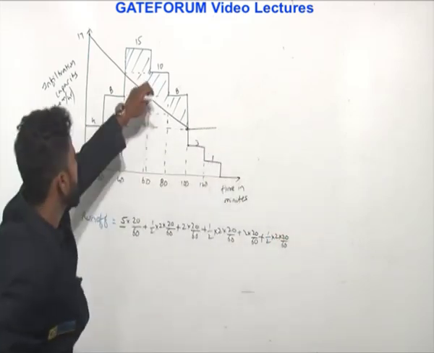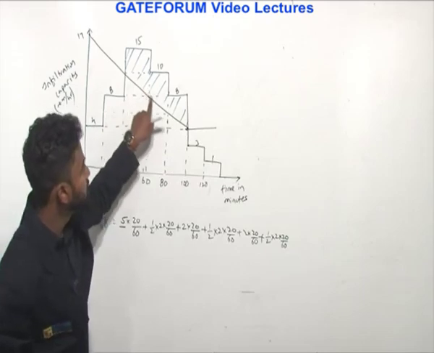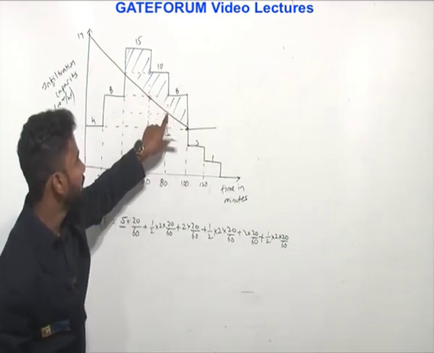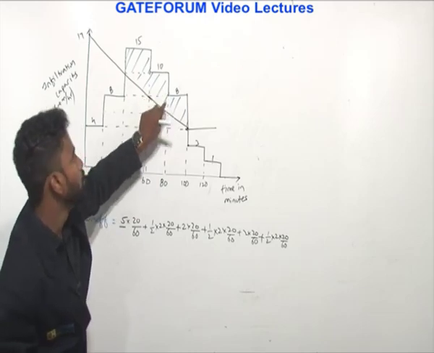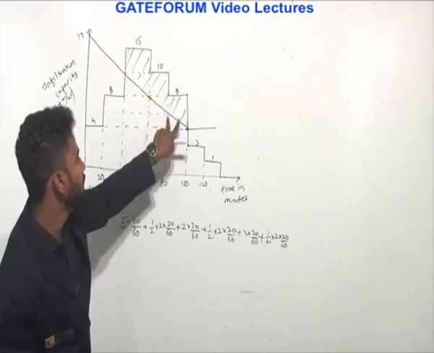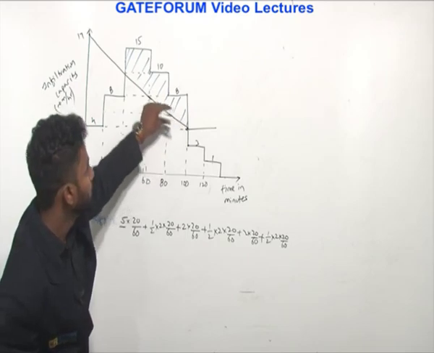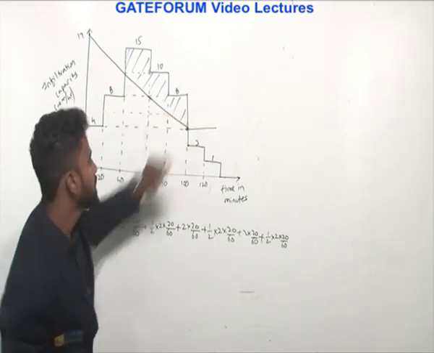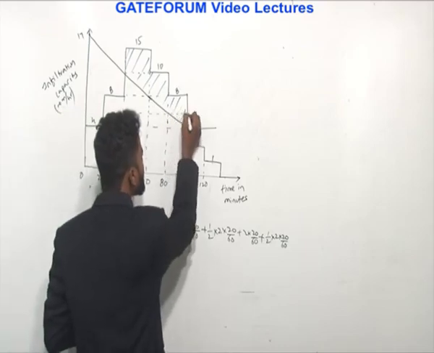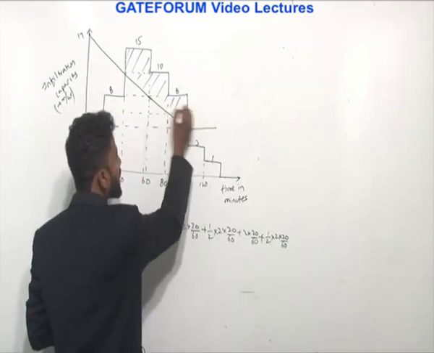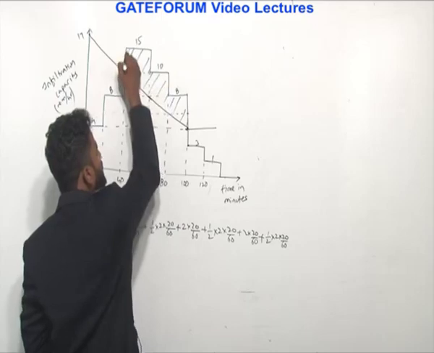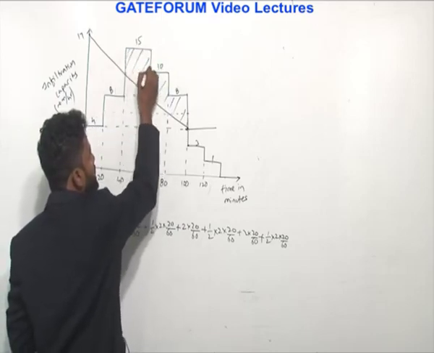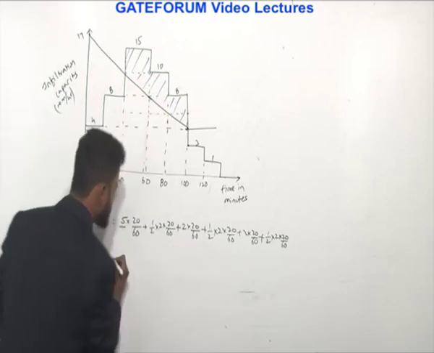Why 2? I am assuming it is going symmetrically, taking this as 6, so 8 minus 6 is 2, and this is 20. Similarly this is 2, this is 20. Just dividing everything into rectangles and triangles, we will get this value.